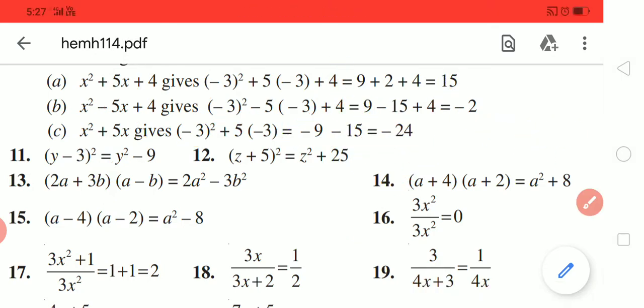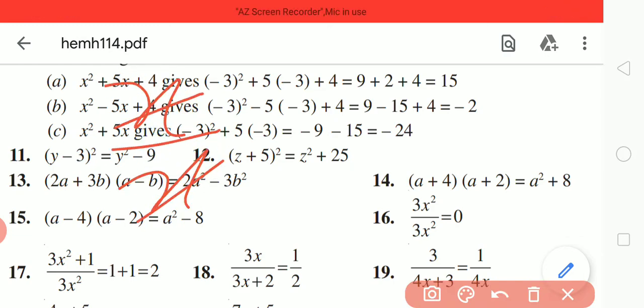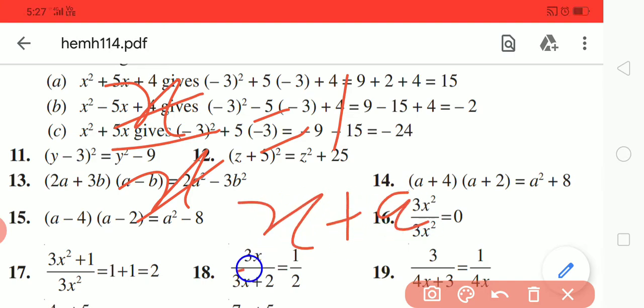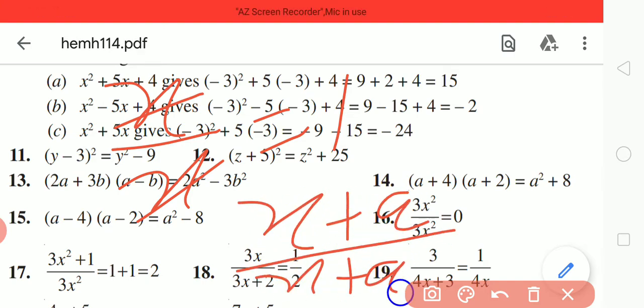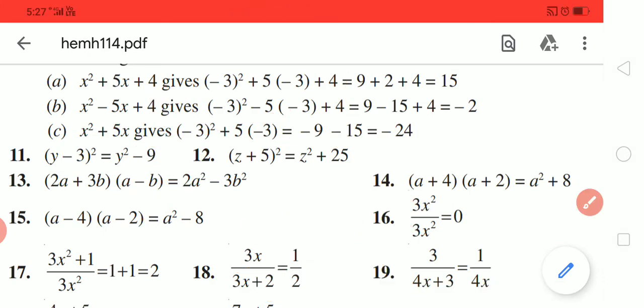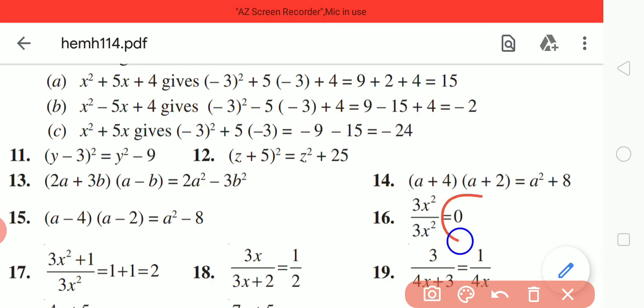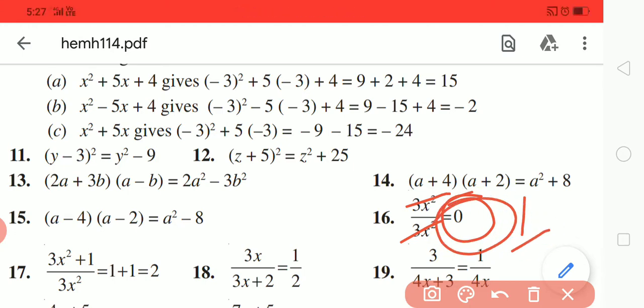And all the other numbers, when they are divided by the same number, we will get the solution 1. Any number, any binomial, or trinomial, or any polynomial that is divided by itself, the answer is 1. So here we have been given 0, so it is wrong. 3x square cut by 3x square and you will get 1. 1 will be the correct form, and this is the correction.